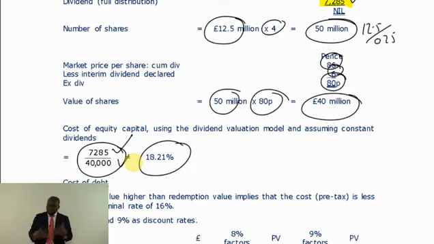And when you are using the dividend valuation, respect that dividend. If they've given you current dividend and future dividend, you need the future dividend in the cost of equity formula. You need the current dividend for the purpose of converting cum to ex. If only one is given, you assume they are the same and you carry on with it.